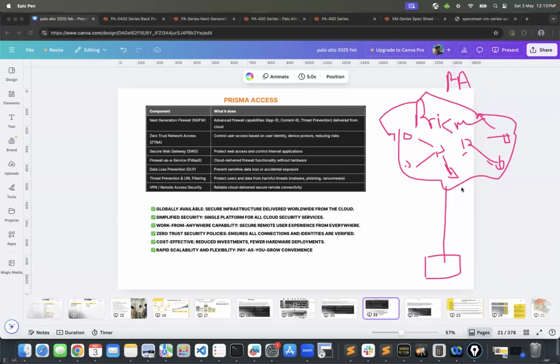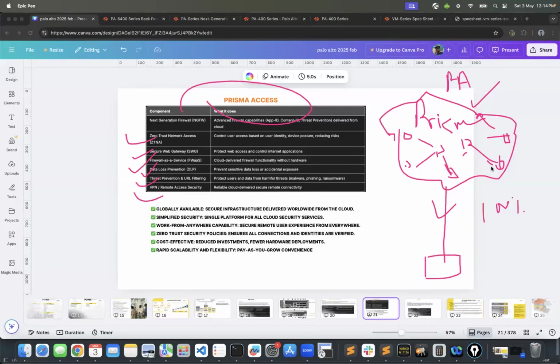Whatever is there, you will get a 100% SLA of connectivity. So when you use this kind of infrastructure, we call it Prisma Access. Everything is taken care of by Palo Alto itself, with dedicated services like zero trust access, proxy, firewall, DLP, URL filtering, VPN access.